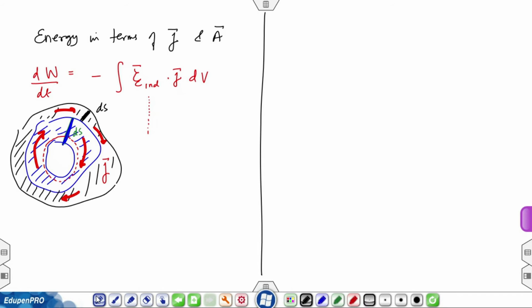I have already seen that I can write this integral as integral ∂B/∂t dot ds, and along with this I have J dA.